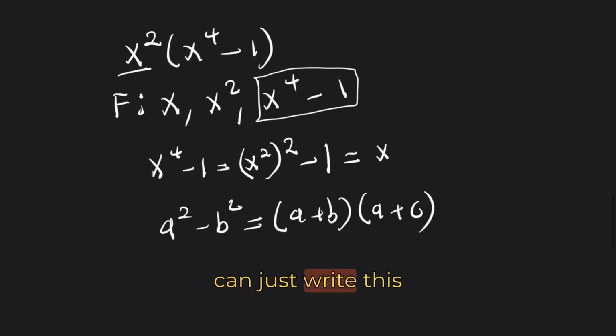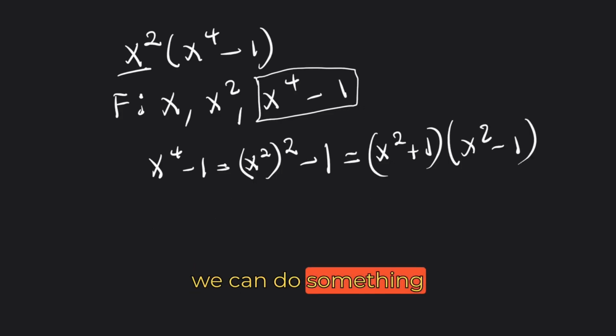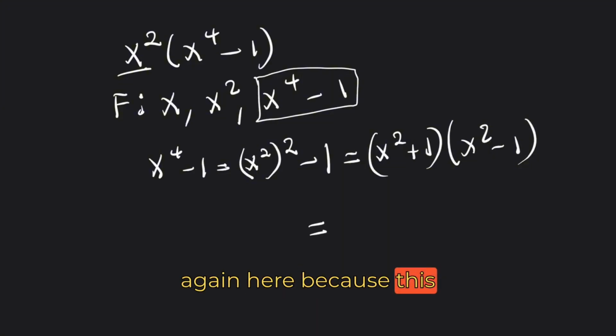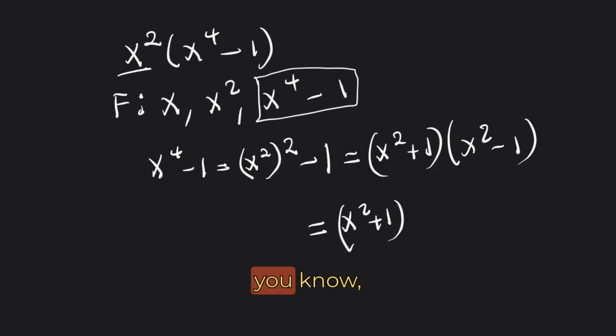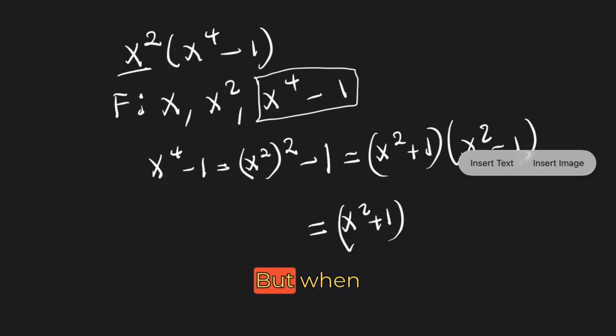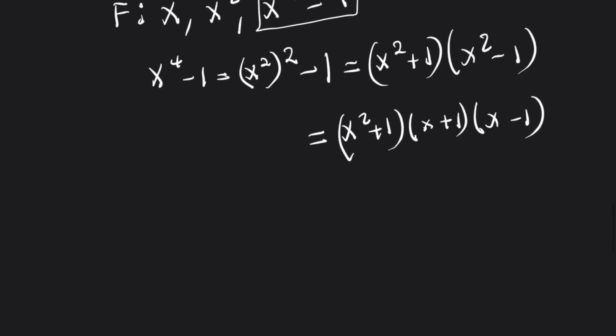So I can just write this as x squared plus 1, then x squared minus 1. Then we can do something again here, because x squared plus 1 cannot be reduced any further, but x squared minus 1, I can write as x plus 1, then x minus 1.